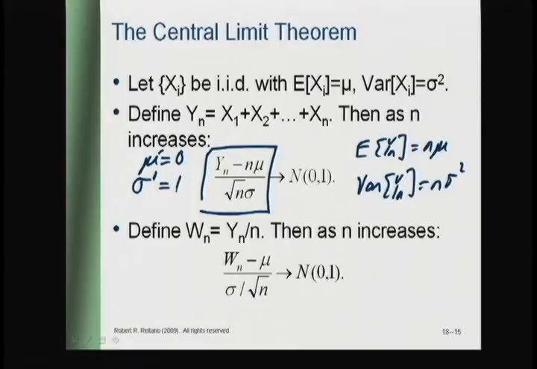By prime I mean it's the mean and the standard deviation of this ratio random variable. Easy calculation. So the 0, 1 over here is no surprise. This random variable always has a mean of 0, always has a standard deviation of 1 for any n. The statement that's important here is that the distribution of these scaled random variables becomes normal.